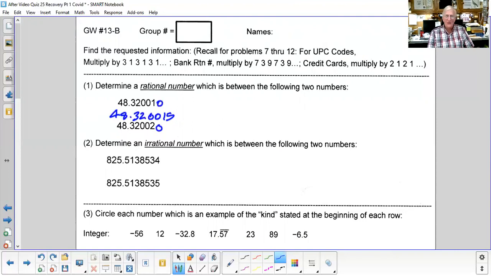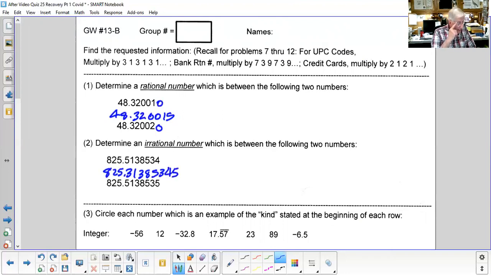Determine an irrational number which is between the following two numbers. Okay, well, let's see. If you add these two together, and by the way, on a test, I will not give you a number quite this complicated, but you're using a calculator, so it shouldn't be a big headache.